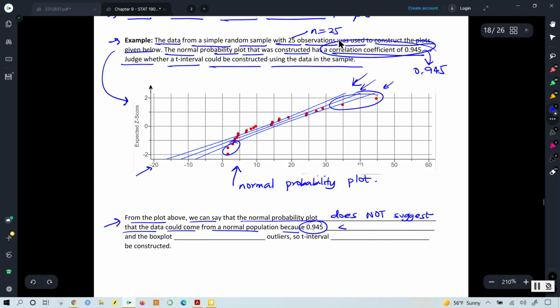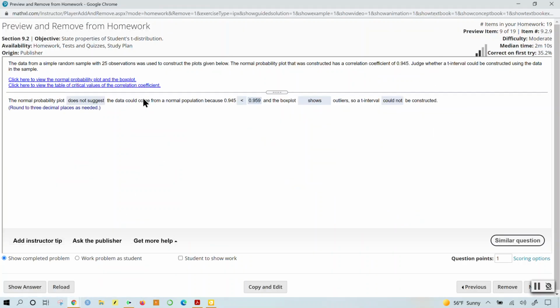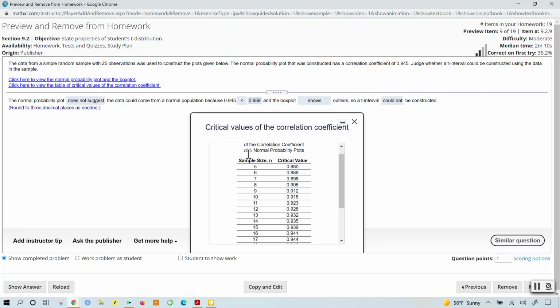How do we get the critical value for n equals 25? Here we go. We can go back here, and this is a sample question, and you observe that there is a table of critical values. For n equals 25, this is equal to 0.959.